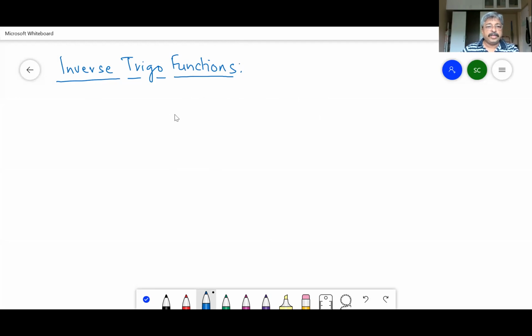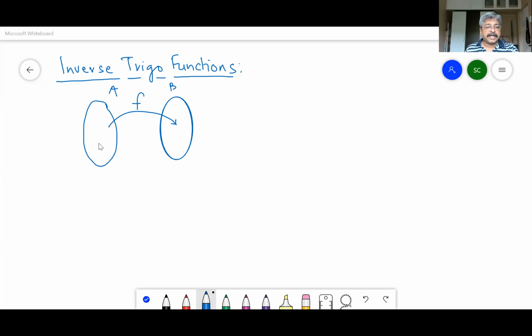So when we studied functions, we said if a function is to be defined from A to B, it's a mapping, a rule by which we process the input variable, which is x, and produce an output variable, which is y, in the codomain.